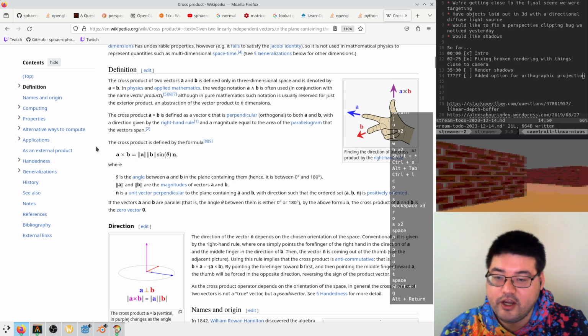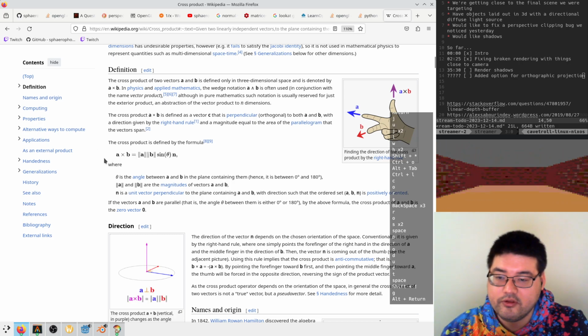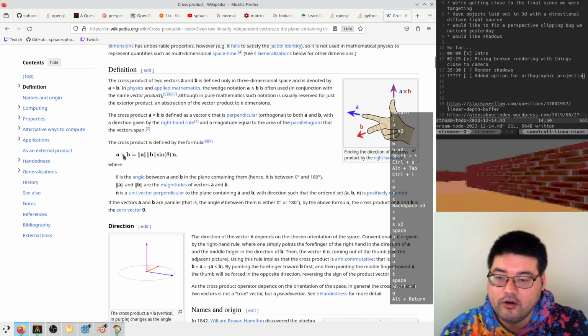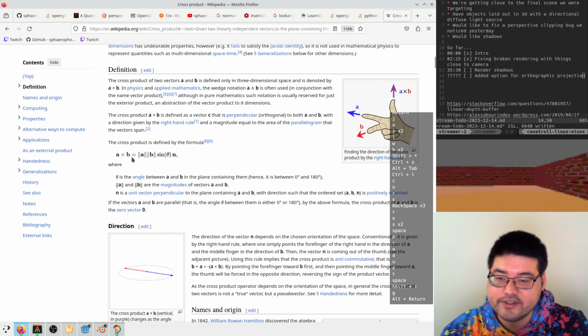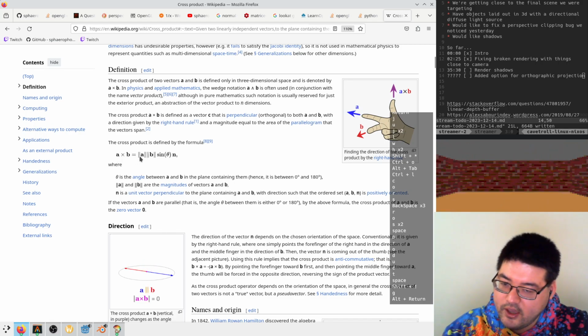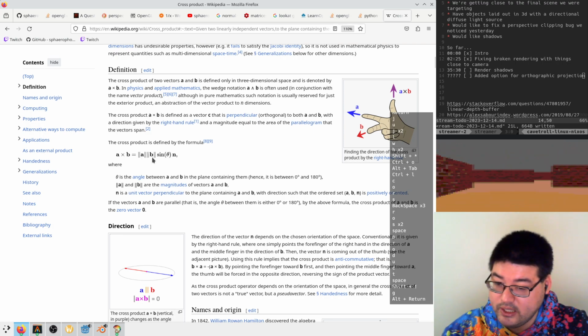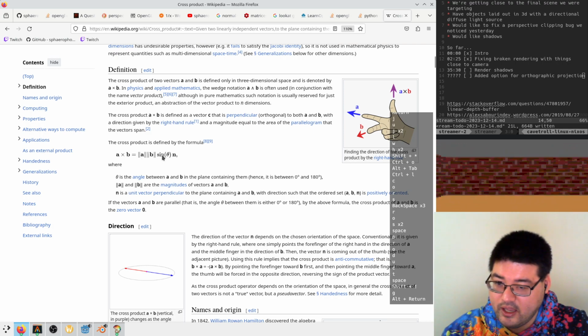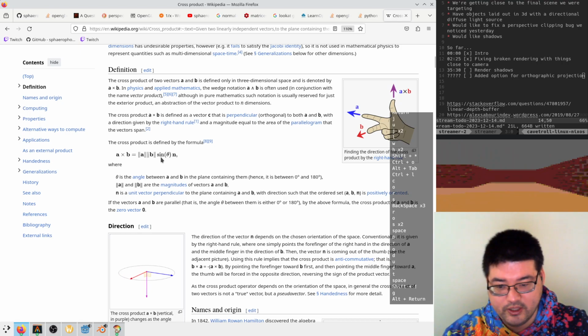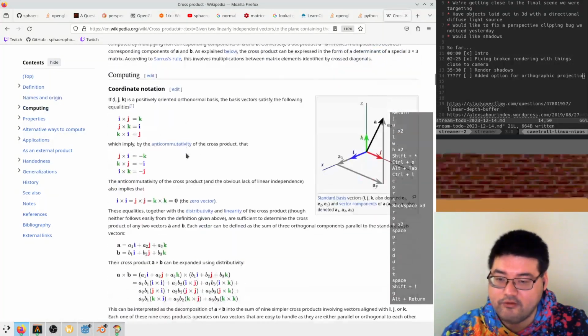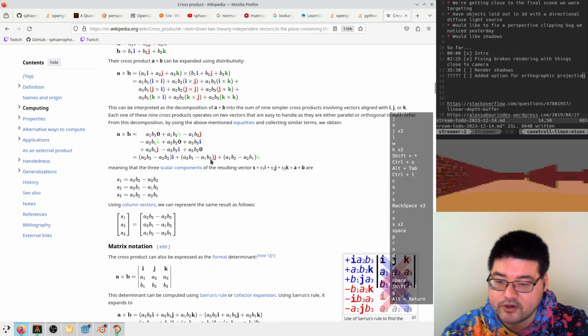Cross product is defined by this guy. A cross B is the length of A times the length of B times the sine of the angle between them. How do I calculate that from the vectors themselves?